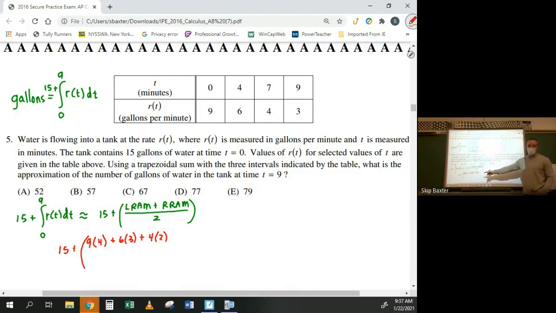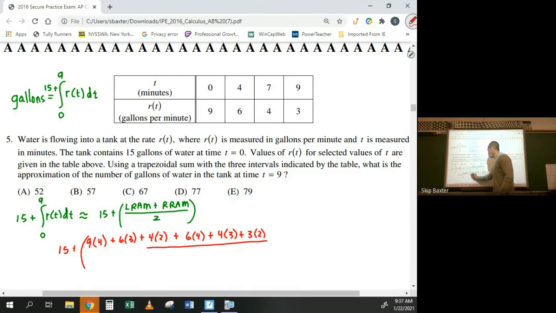Right, that's the LRAM part. Plus the RRAM part would be 6 times 4, plus 4 times 3, plus 3 times 2, all divided by 2.